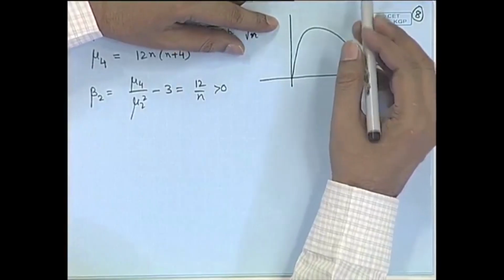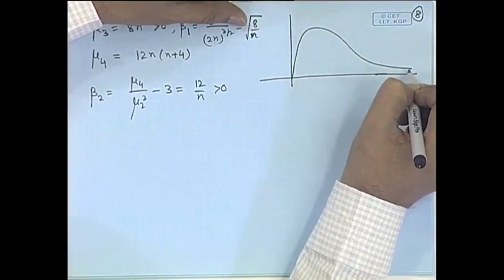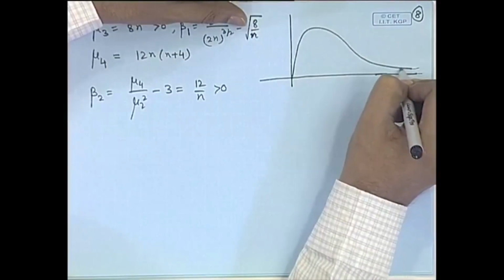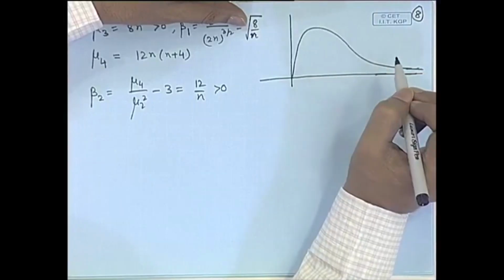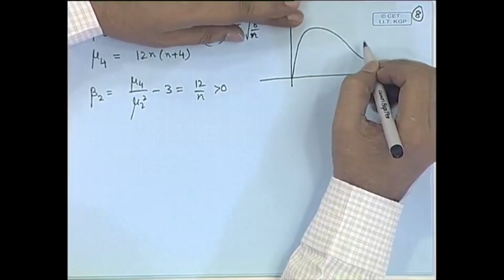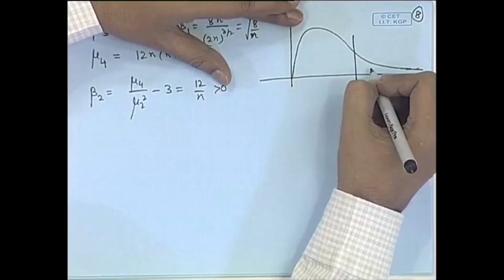Now, depending upon the different values of n, the shape of this will be different, and since it is a special case of gamma distribution, the tables of gamma distribution can be used to determine the probabilities. However, tables of chi-square distribution are available for specific probabilities.